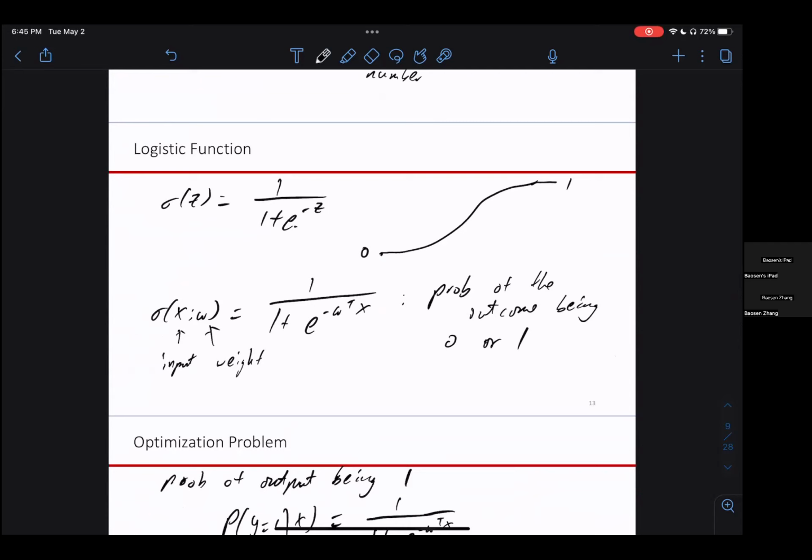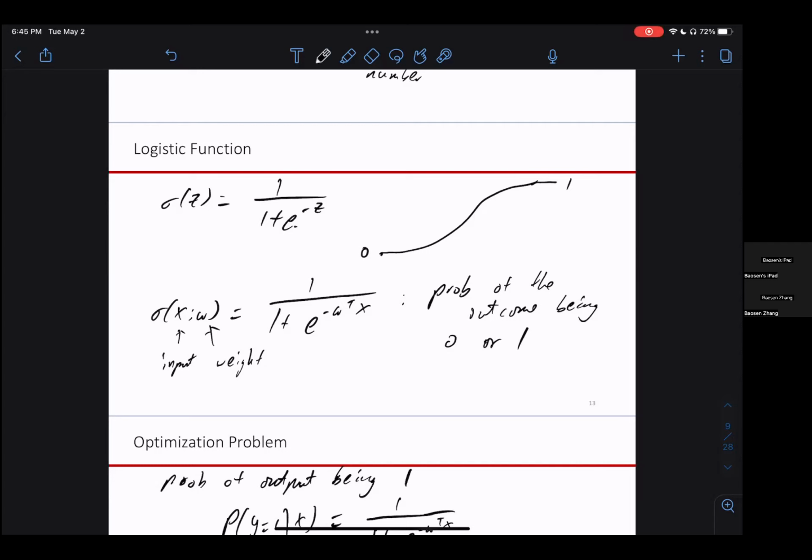Can you think of a function that takes a real number to between 0 and 1, that's not this one? For example, you can take sine of something, add 1 to it, and divide by 2.